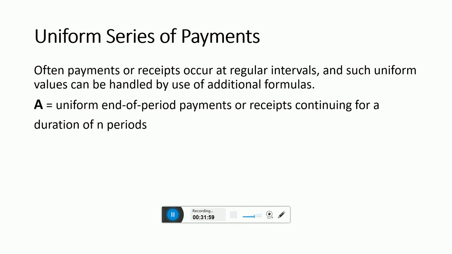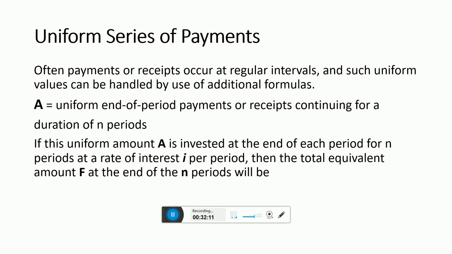So these are the uniform payments which can be made at the end of any period, like at the start of period or end of the period. So if this uniform amount A is invested at the end of each period for n periods at the rate of interest I, as we have previously discussed, per period, then the total equivalent amount F at the end of n period will be calculated by this formula.